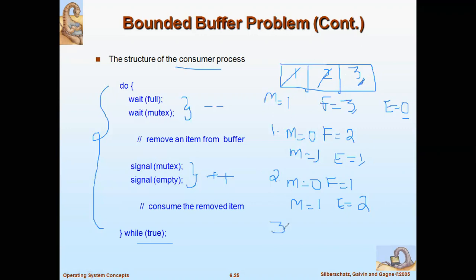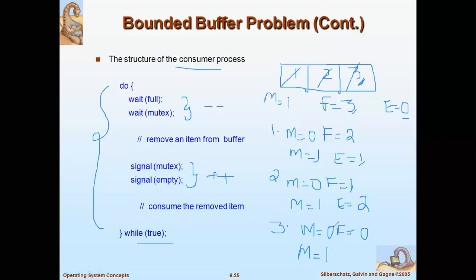What about the third one? In the third one, to consume the third item, wait is going to reduce full from 1 to 0. And then what about the mutex? Mutex is going to be decremented from 1 to 0, right? So that is when the third item is consumed. When this third item is consumed, you have to signal the mutex, that is, mutex is signaled to 1.